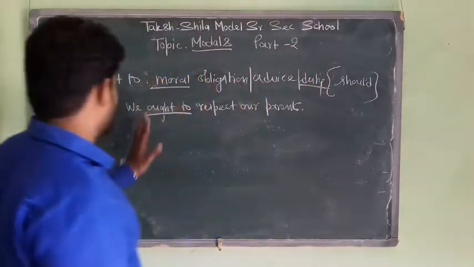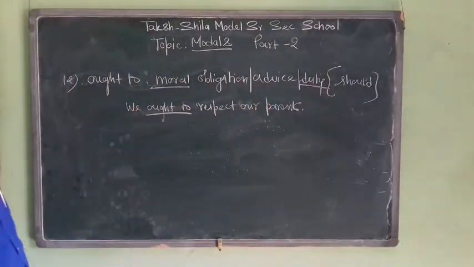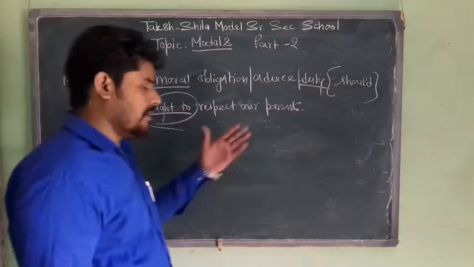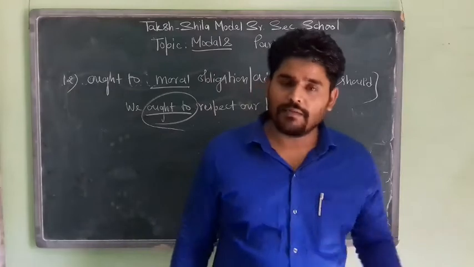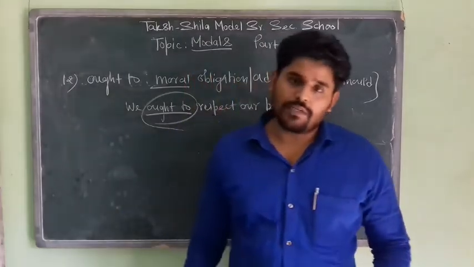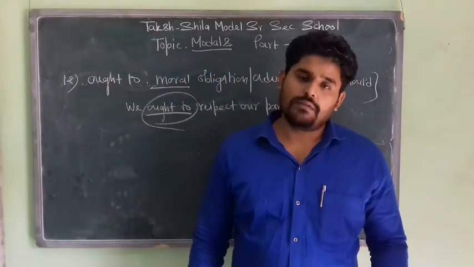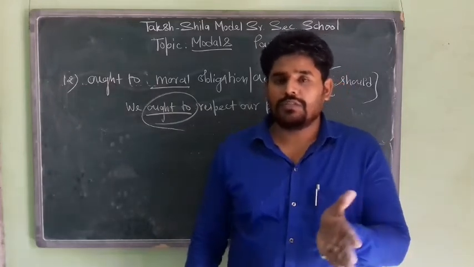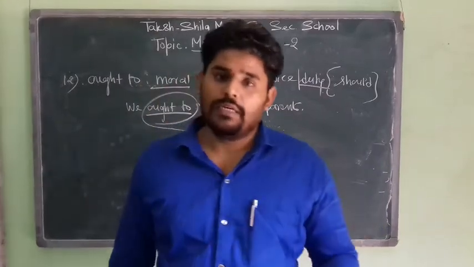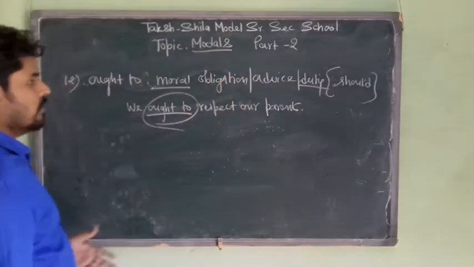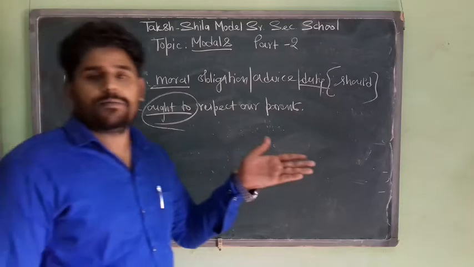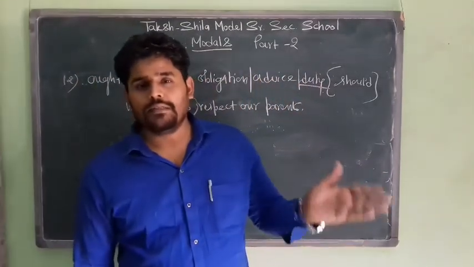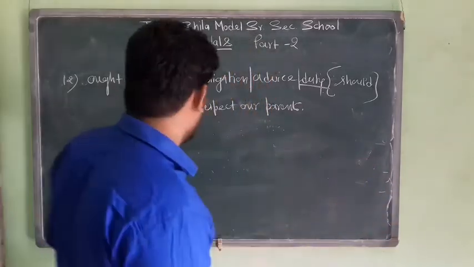So we can interchangeably use ought to and should. But still there is a slight difference, and I have told you the difference. The difference is that in moral duty, it is something that comes out from within our mind, right? Means it is not a compulsion. It is not something that somebody is going to force you to do. It is something that you want to do on your own. This is not mandatory, right? This is quite voluntary, which you do on your own.